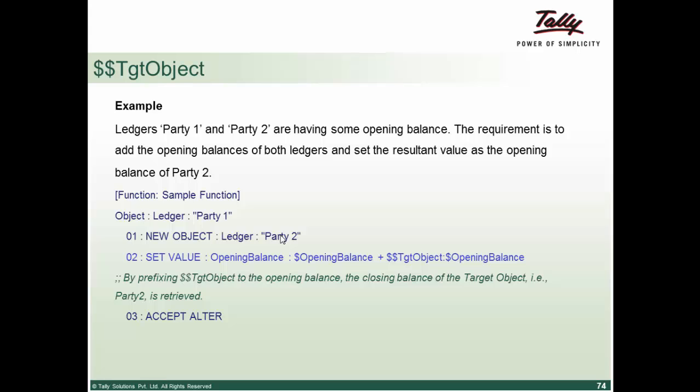There is another specific topic on user defined functions in which you will understand the exact structure of a function. Currently when I say $opening balance, my current data context is party 1, so this $opening balance retrieves the value from party 1.